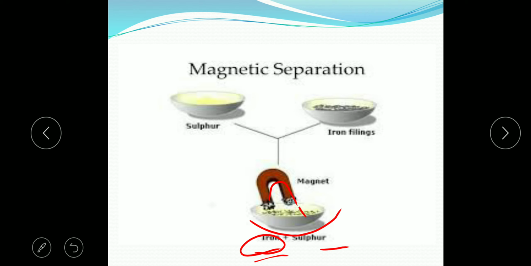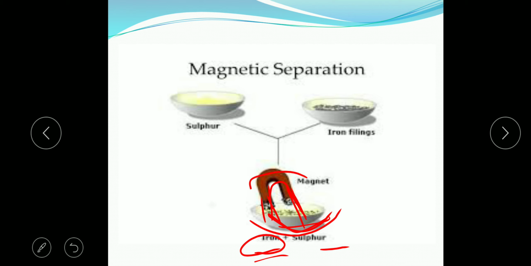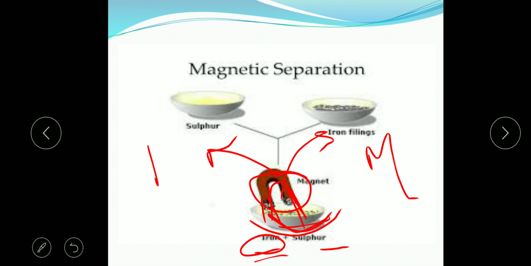So iron gets attracted from this mixture towards the magnet. Then what will be left in this dish? That is sulphur. So this is how with the application of magnet, iron and sulphur is separated, where iron is magnetic and sulphur is non-magnetic. So by magnetic separation we can separate the magnetic and non-magnetic substance from the mixture.